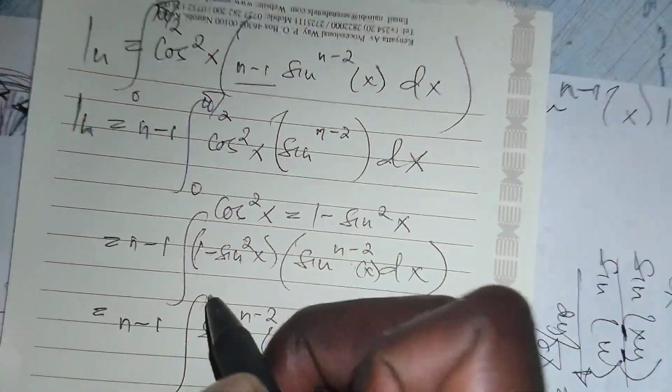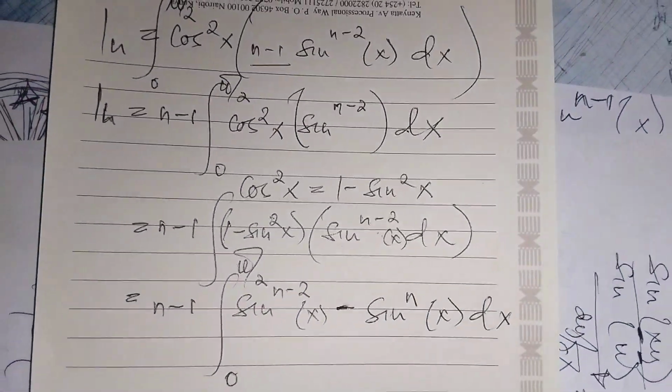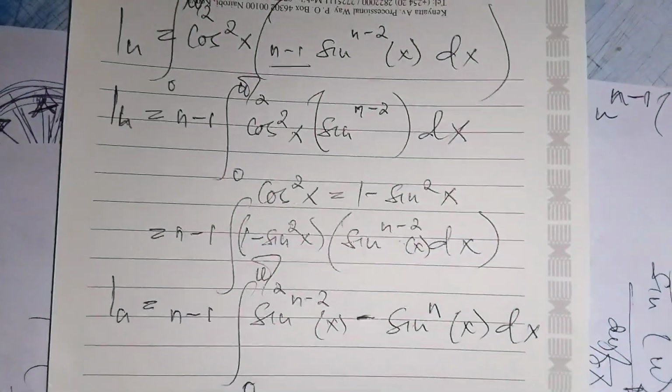The integral is from 0 to pi radian over 2.